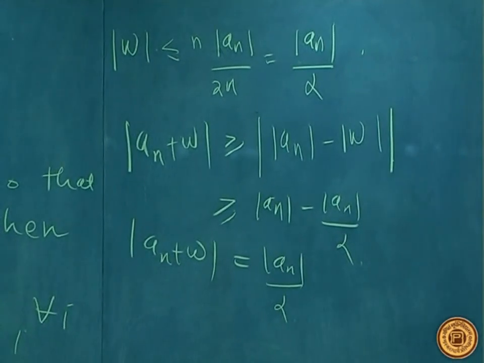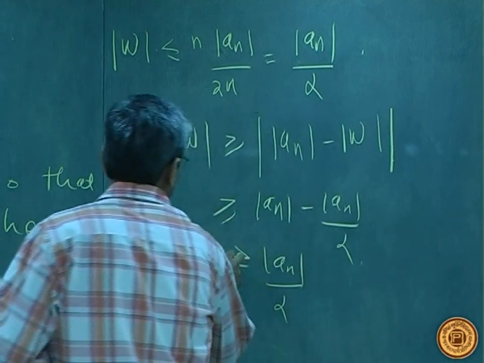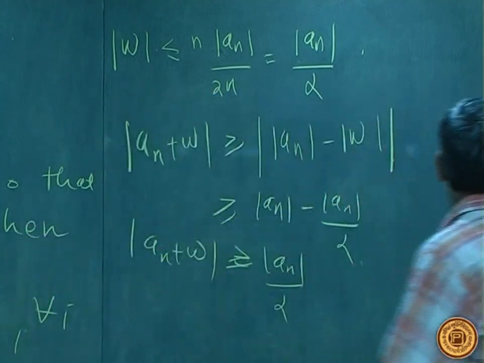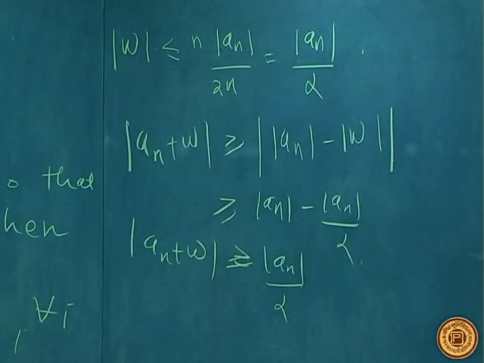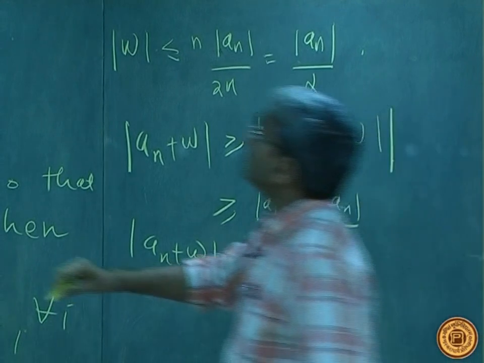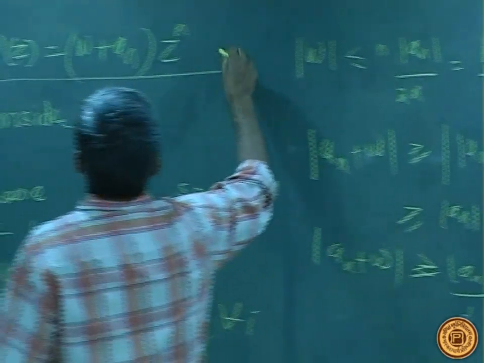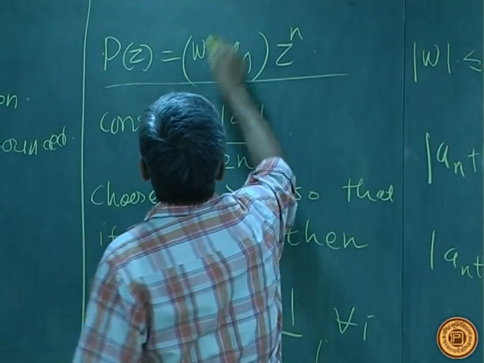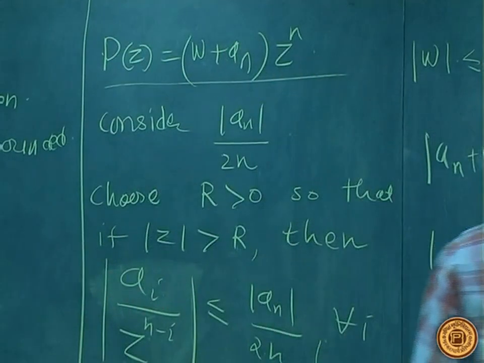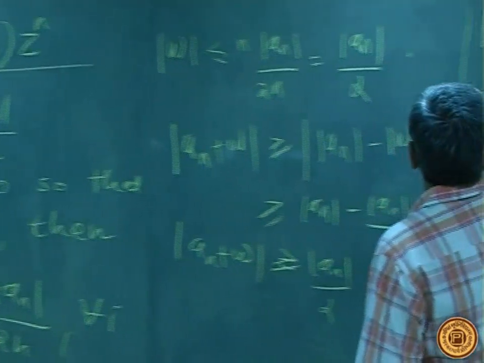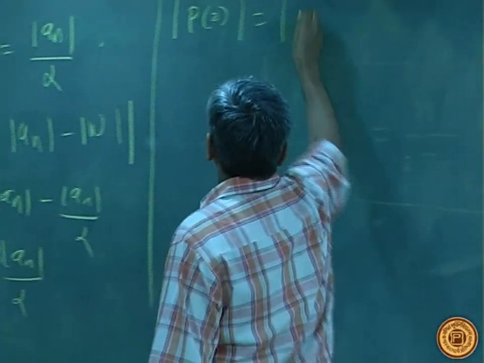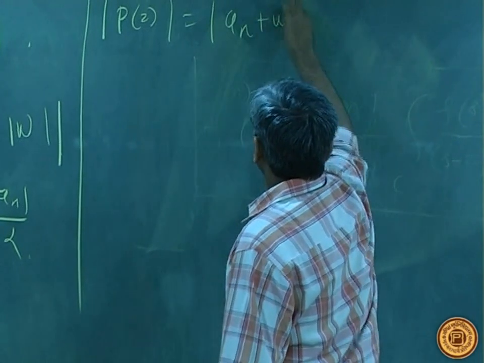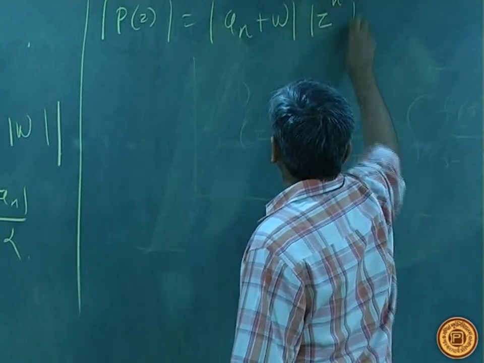So mod an plus w is bigger equal mod an by 2. Now look at this expression for pz. So what is pz? Mod pz is mod w plus an. So now mod pz is equal to mod an plus w into mod z to the power n.